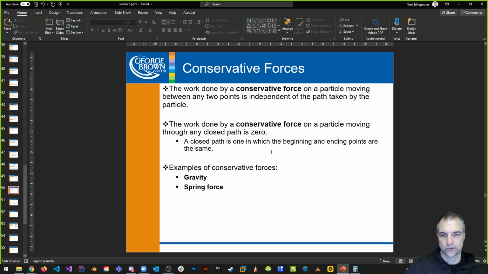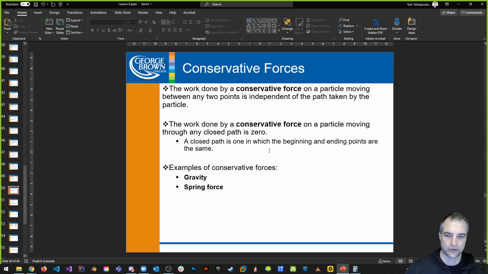So forces are said to be conservative, right? The work done by a conservative force on a particle moving between any 2 points is independent of the path taken by the particle. The work done by a conservative force on a particle moving through any closed path is 0, right? A closed path is one in which the beginning and the ending points are the same.